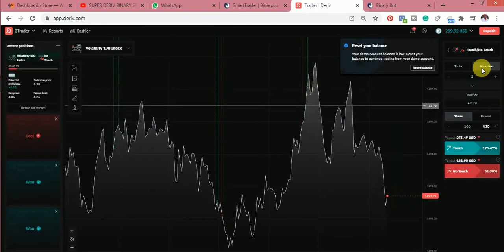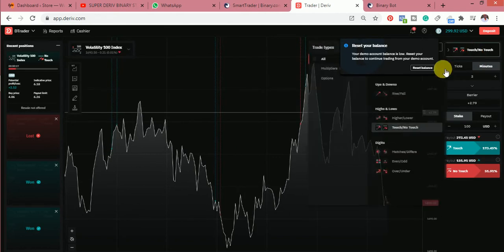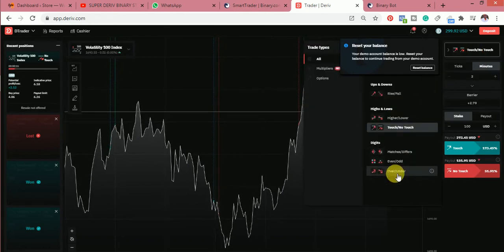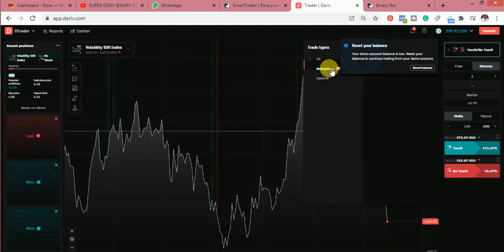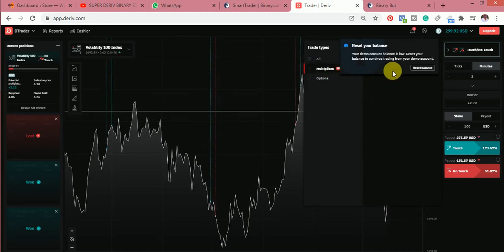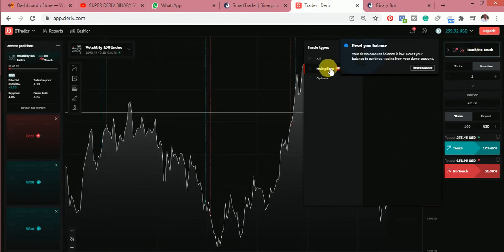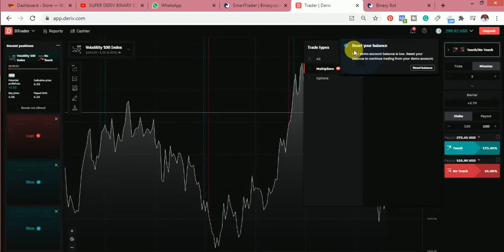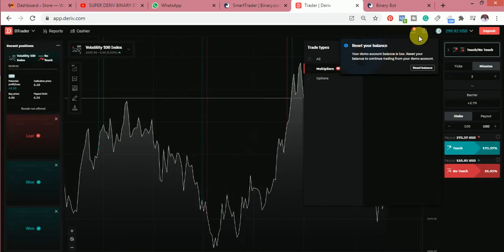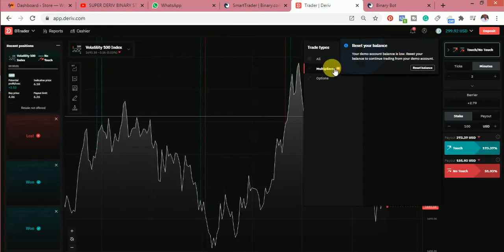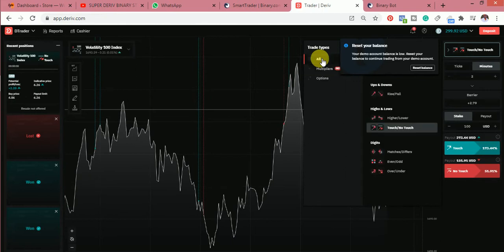Now, the first thing I have to do here is let's go back here and choose multiplier. You cannot work on the boom or crash market without choosing the multiplier option. I kind of hate this thing blocking my view.